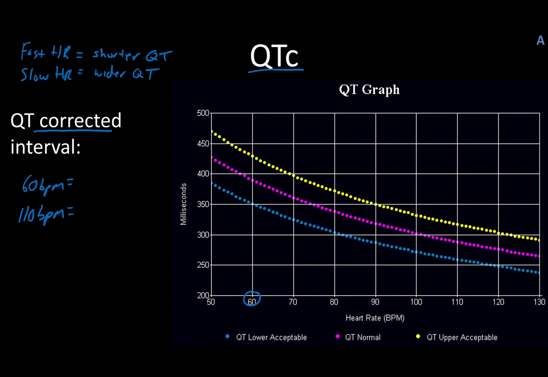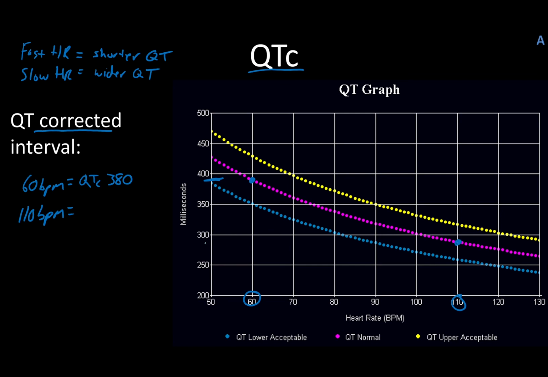So at 60 beats a minute, if we come up here, and we'll just, pink is of course your average, and that's going to land here, which is about right here. So that's a QTC of about 380. Now that same person, if their heart rate is going 110, is about right here.